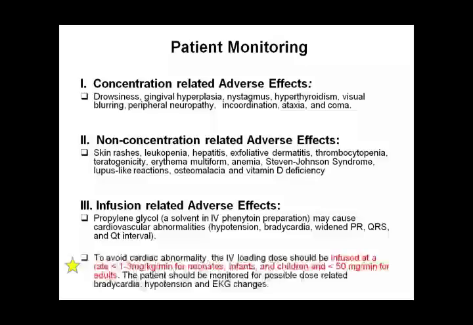And that's why you want to infuse the drug very slowly, at a rate of less than 1 to 3 milligram per kilogram per minute for neonates and infants or children, and less than 50 milligram per minute for adults.